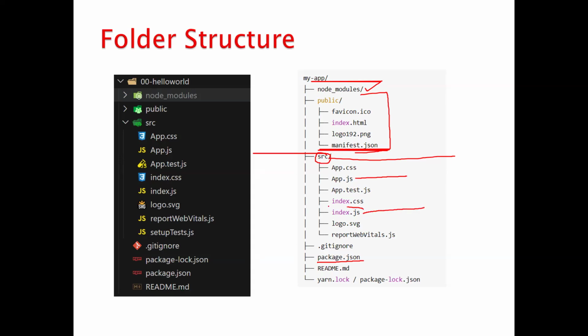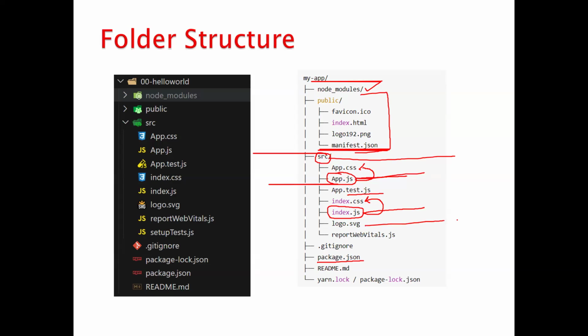These are nothing but JavaScript files. The .js extension is JavaScript. For App.js, if you want to apply CSS, we have App.css. For index.js, if you want to apply CSS, we have index.css. App is nothing but a component, some UI code. For test cases, we have .test.js.